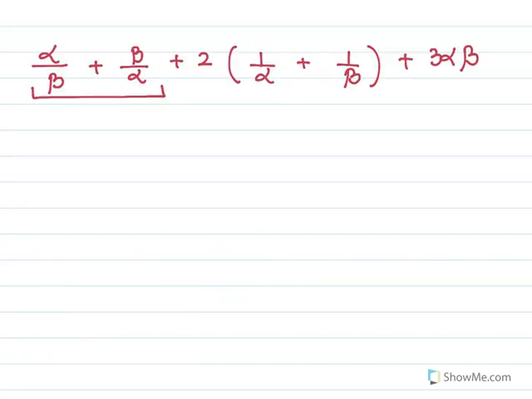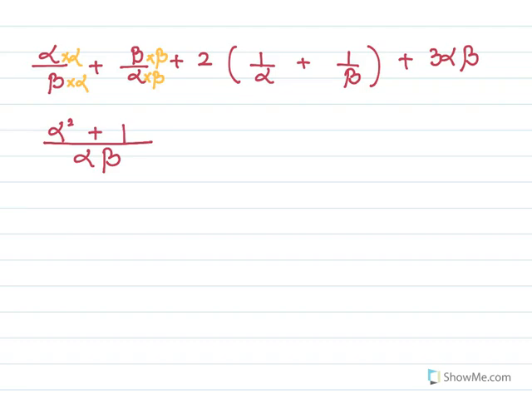So first we work this section. Here the LCM will be alpha beta. We multiply this by alpha to make it alpha beta, this again by alpha, this beta, and this also beta, to make the LCM alpha beta. So here we have alpha square plus beta square plus 2.